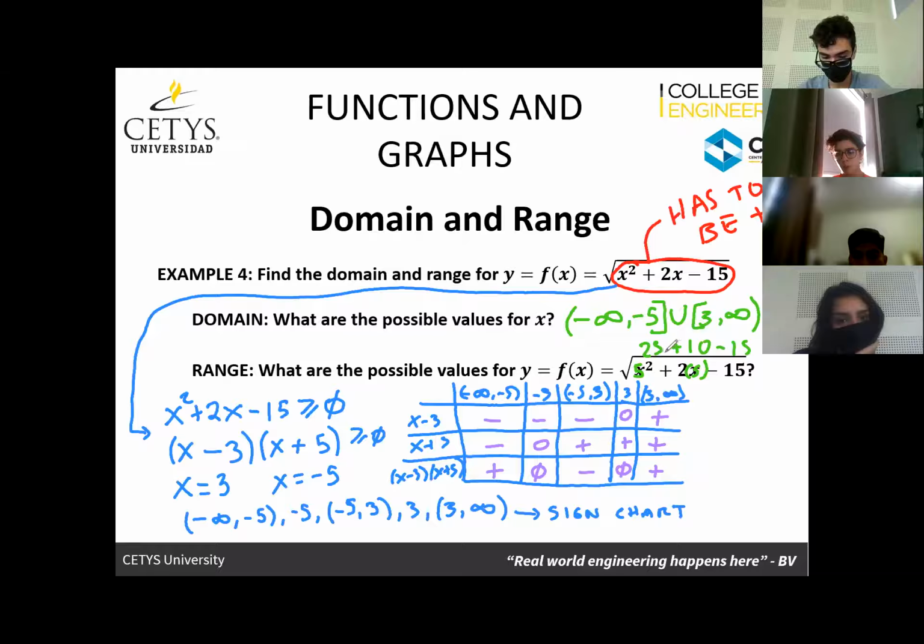It's 20. So if I substituted minus 5 and 3, I got a 0. And if I substituted any other number in the range, I got something positive. Therefore, what do you think the range is then?